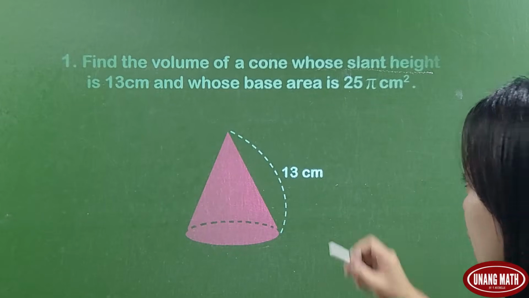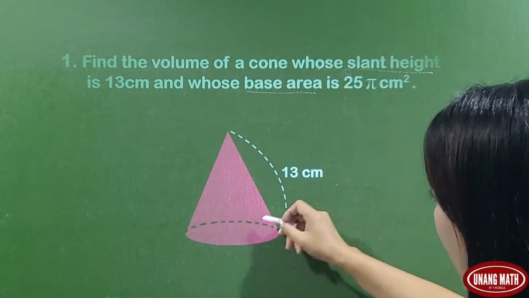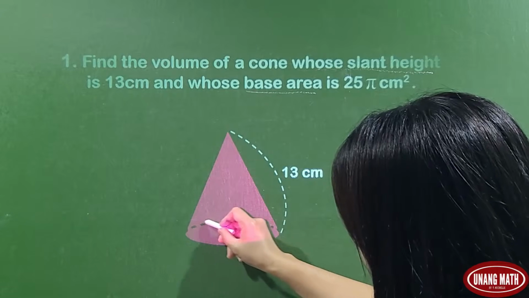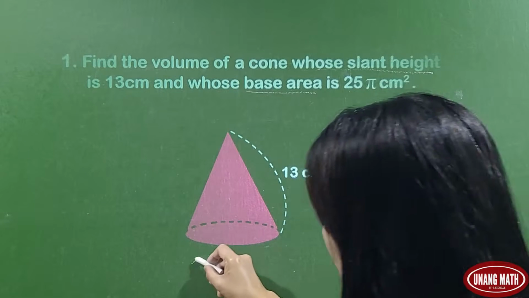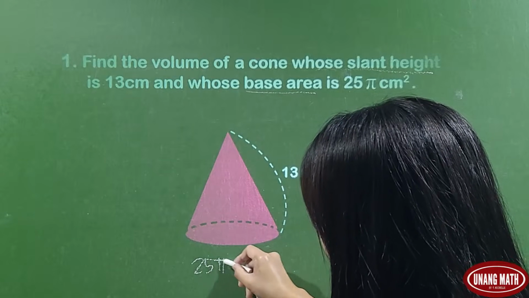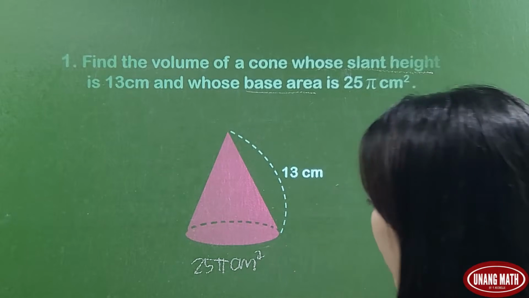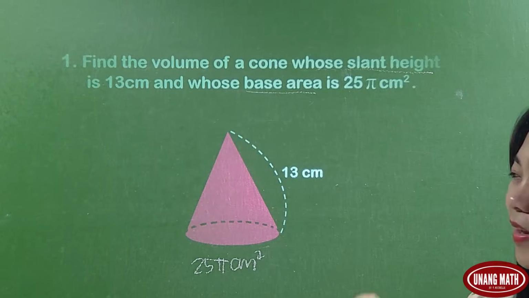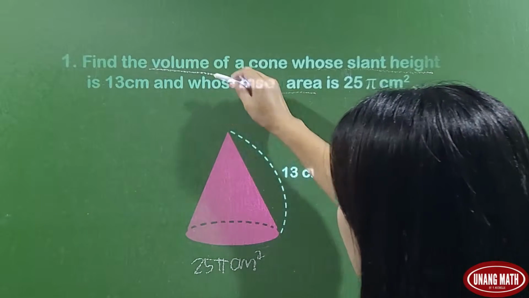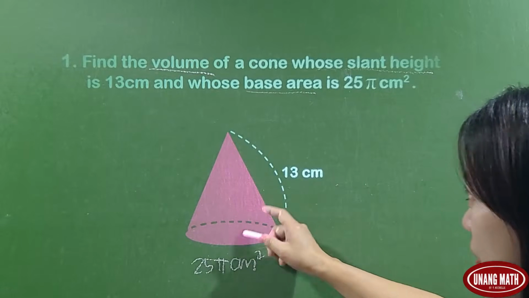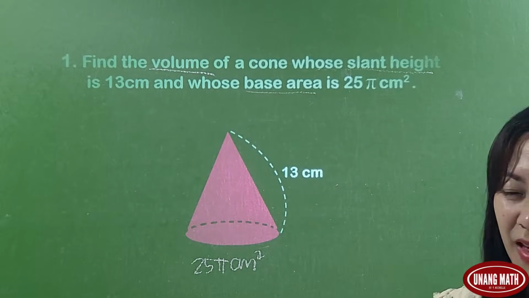It's also given that the base area, or this circle, is 25 pi square centimeters. Okay, now the question is we are going to find the volume of this cone.